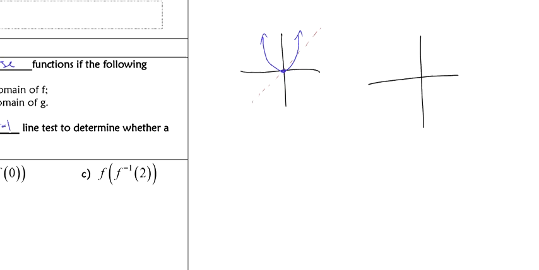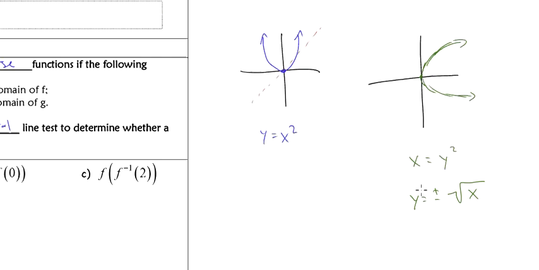So here we have y equals x squared. As we reflect it across the line y equals x, we'll end up with x equals y squared. And as we talked about a little bit, if we take the square root of both sides, solving for y, we end up with y equals plus or minus the square root of x.